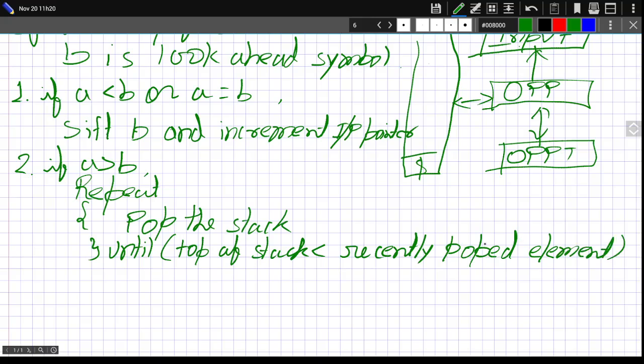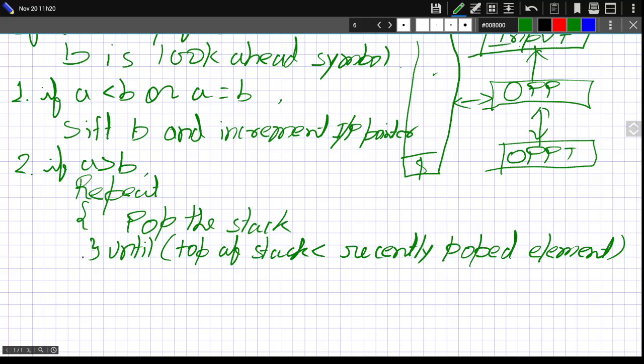Okay. So now you will remove all those things which were greater than this particular symbol. Here what you will have on the top of the stack is something which is less than all the other things.